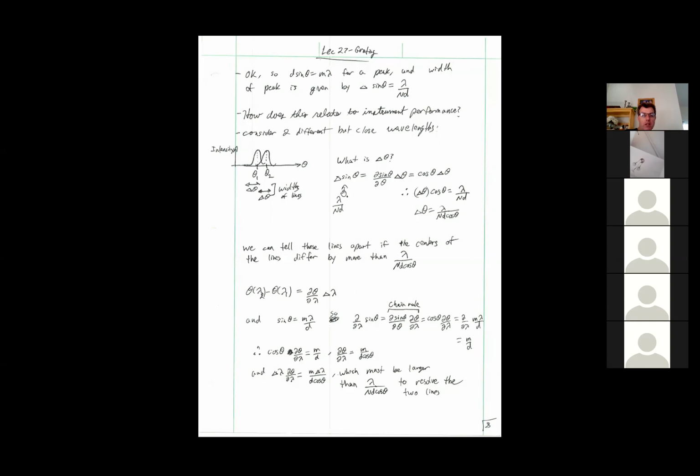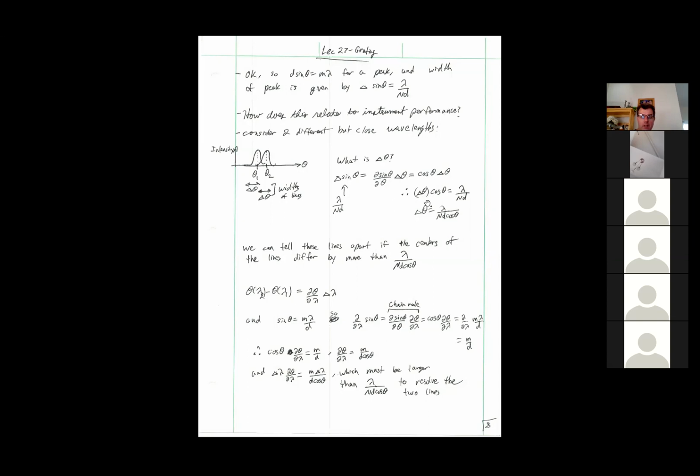So delta theta, well, we can get delta theta from delta sine theta, because delta sine theta would be the derivative of sine theta with respect to theta multiplied by delta theta. So that's cosine theta delta theta.